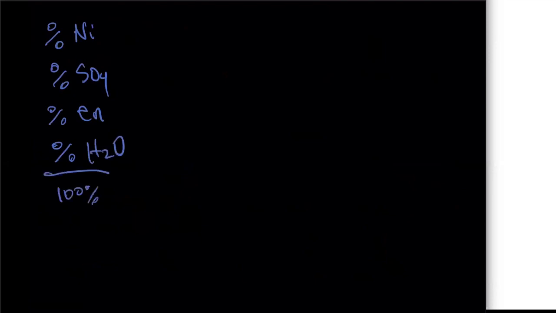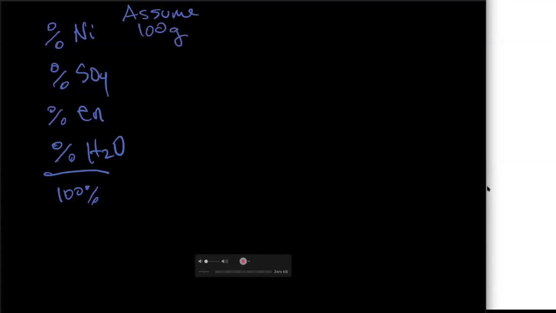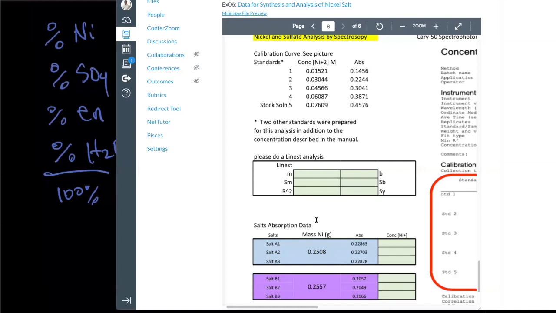When you do this in real life, it would not add up to 100 because there's going to be experimental error, but I gave you data that should add up to 100, okay? Assume a 100 gram sample now. Now this is independent of all this mass of compound that you just weighed.